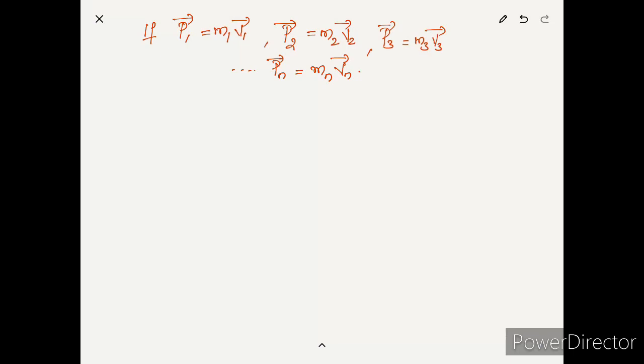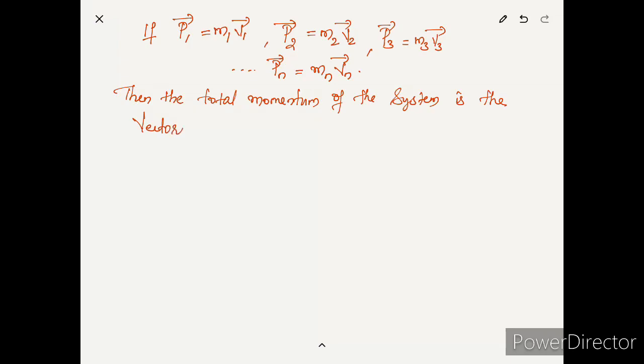If we consider n particles, let the first particle have a momentum p1 equal to m1 v1. The second particle has momentum p2 equal to m2 times v2. The third particle has momentum p3 equal to m3 times v3. And likewise the nth particle has momentum pn equal to mn times vn. Then the total momentum of the system is the vector sum of the individual momenta.